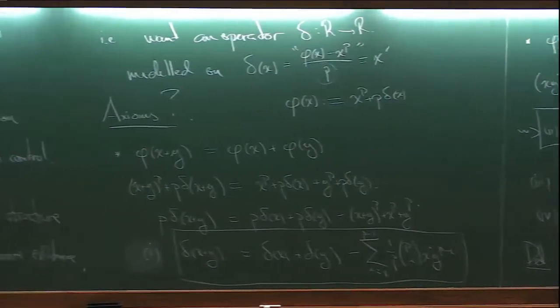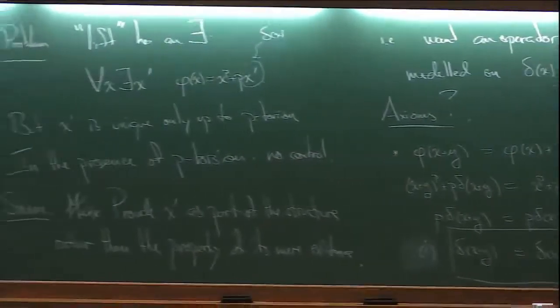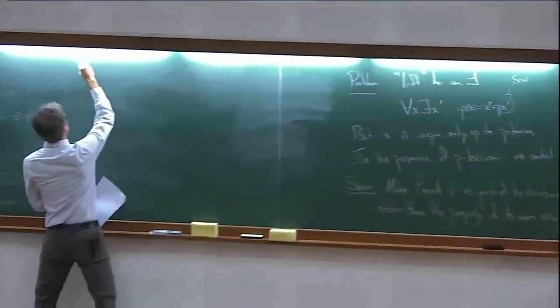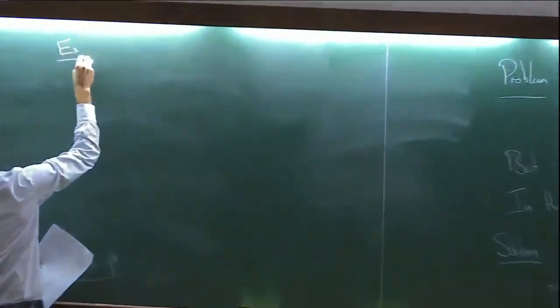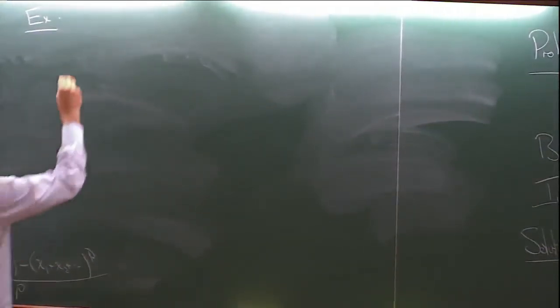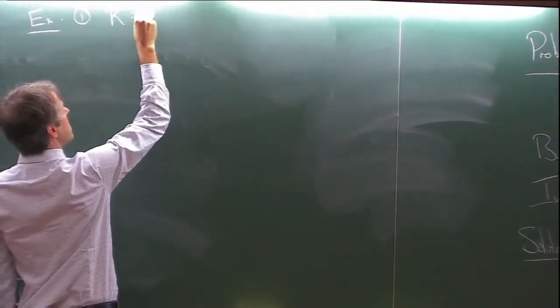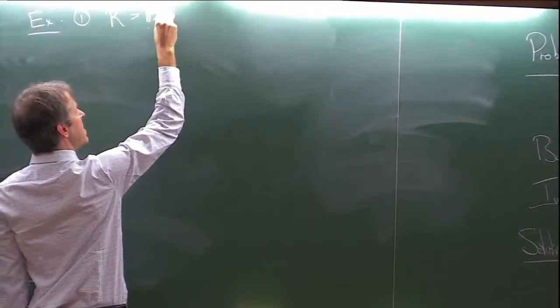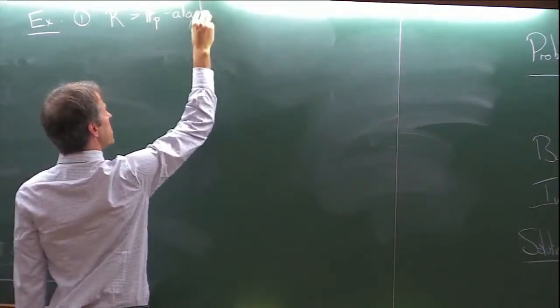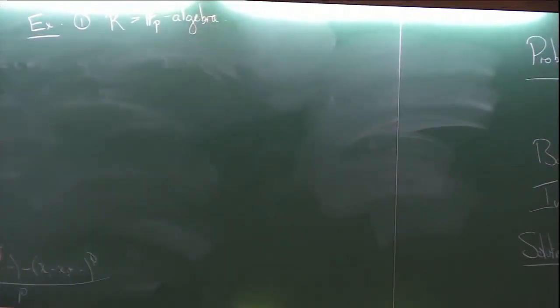Okay, maybe a couple of exercises actually. This is to show that the assumption that R is p-torsion free here really is necessary. So it's an exercise: say R is an algebra over Fp, the integers modulo p, the field with p elements.